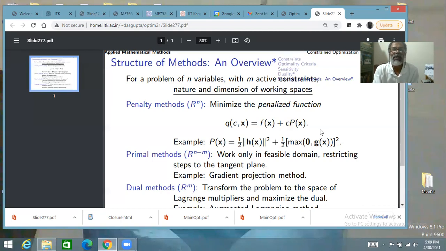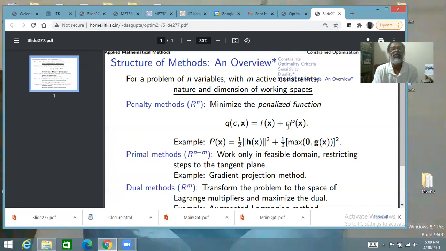So inclusion of this term means that the unconstrained optimization methods, your ordinary methods which you know, conjugate gradient or quasi-Newton or whatever, will obviously try to avoid places where this goes high. And for that the penalty parameter c has to be pretty large.